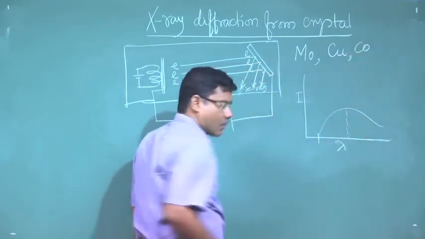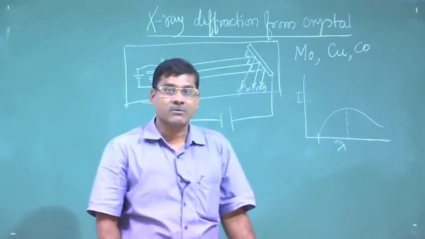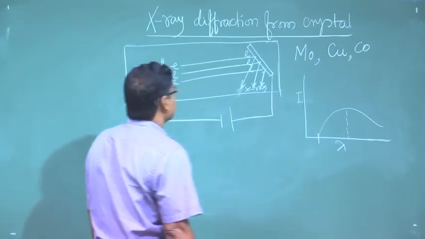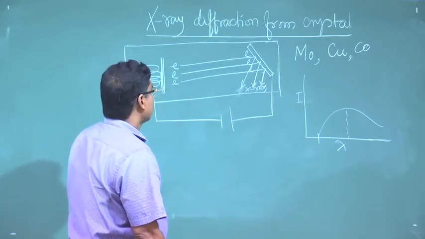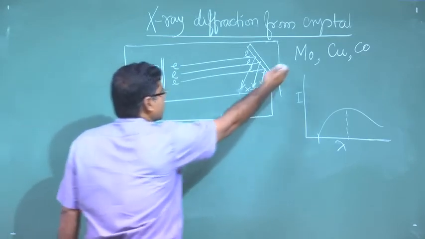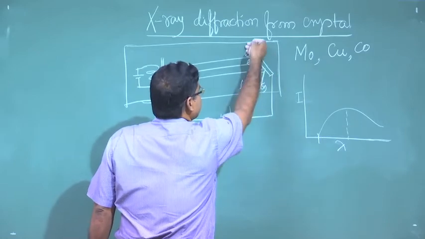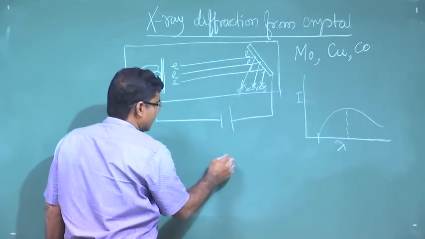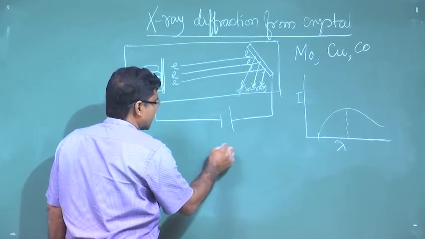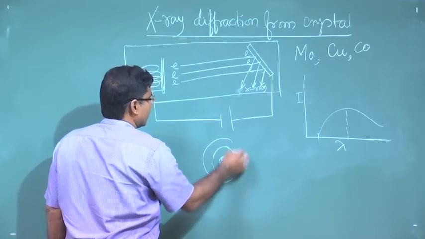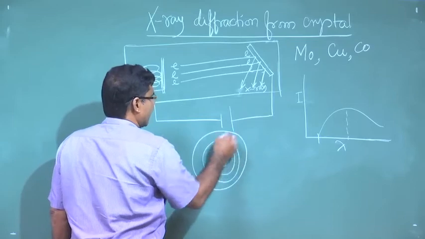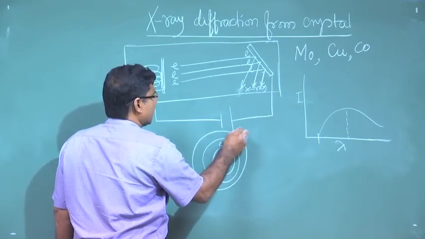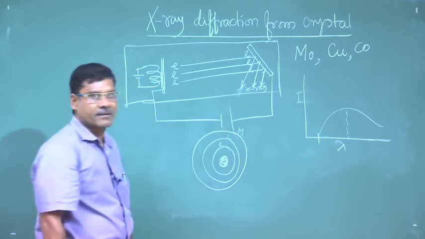So, conventionally these are the targets we use in our laboratory X-ray generator. So, this target has atoms, and atomic structure you know, right, it has K shell, L shell, M shell, right.